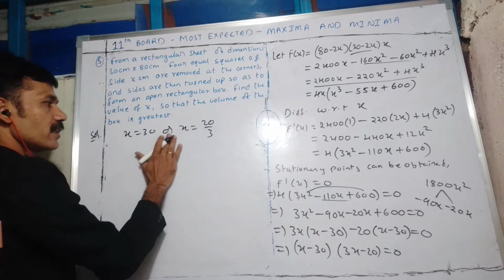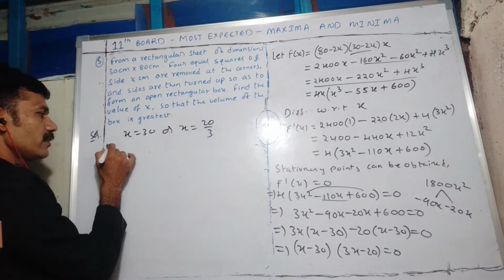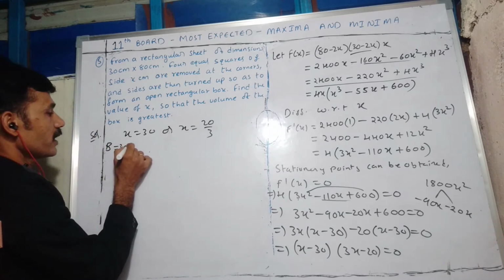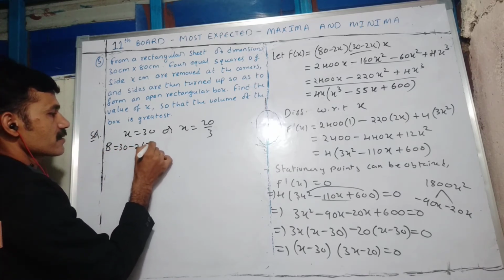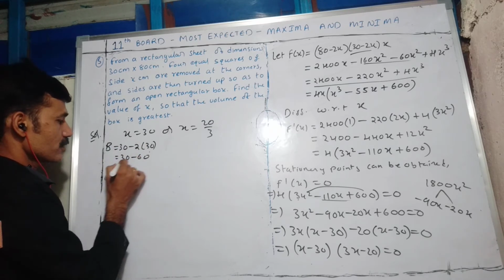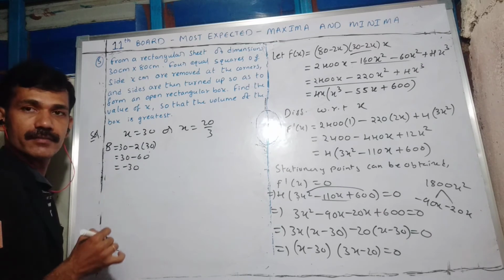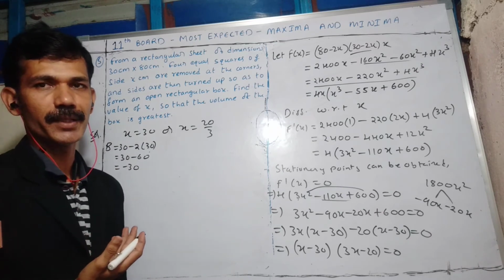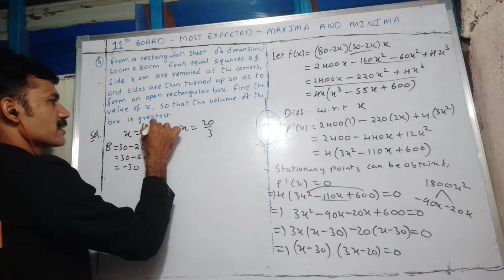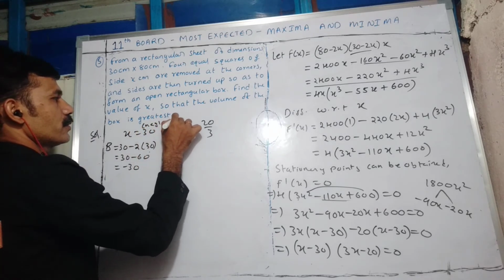If we take 30, what happens? The breadth of the rectangular box will be 30 minus twice x, that is 30 minus 60, so minus 30. Length cannot be negative, so this can be neglected.